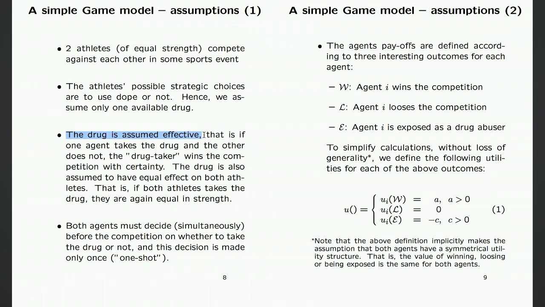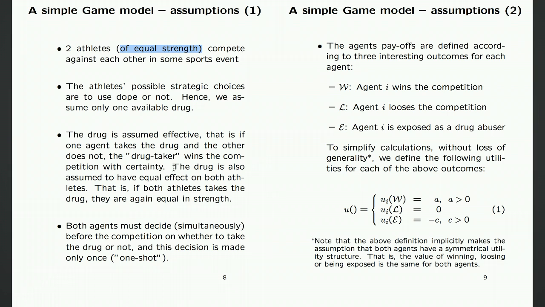And of course, given assumption 1 here, if there is a certain effect to the drug, then the guy who takes the drug, if the other doesn't, will win with certainty. Furthermore, the drug is also assumed to have equal effect on both athletes. Okay, that doesn't seem like a big assumption or a grave assumption.